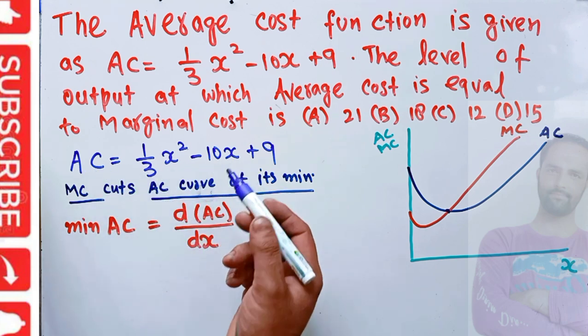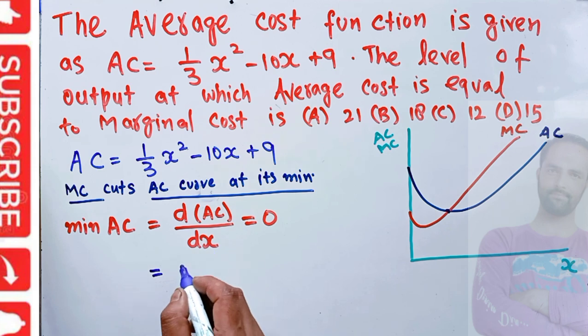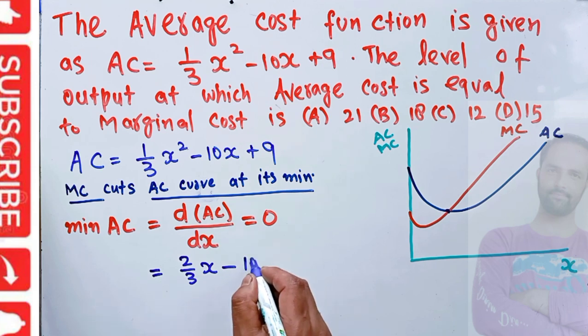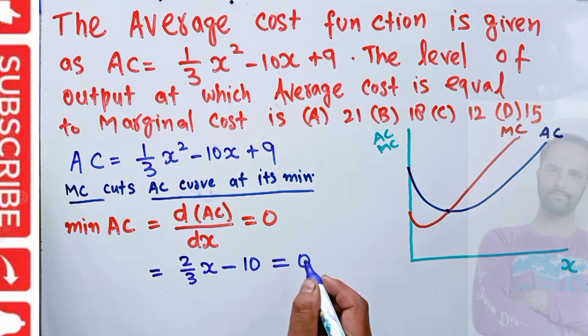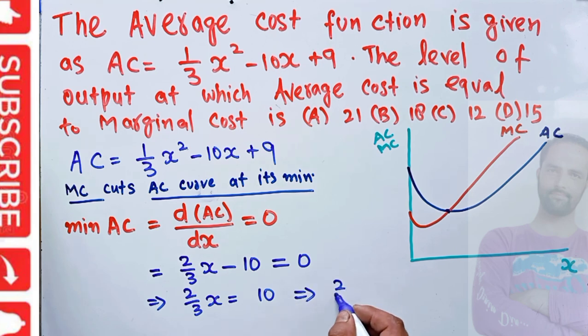The average cost function is given to us. Its derivative will be, derivative of x square is 2x, so we get 2/3 x minus 10 equal to 0.